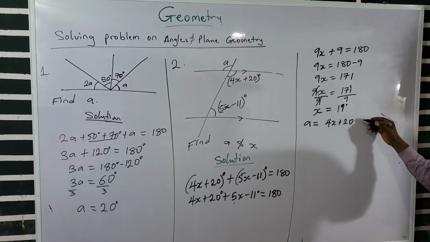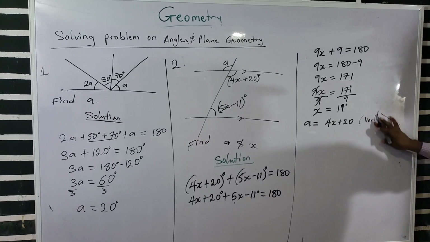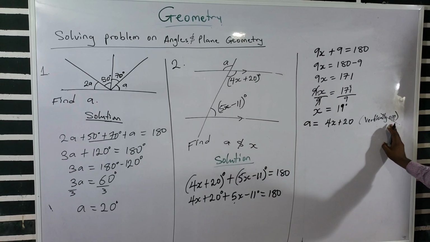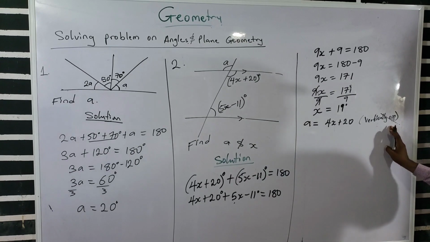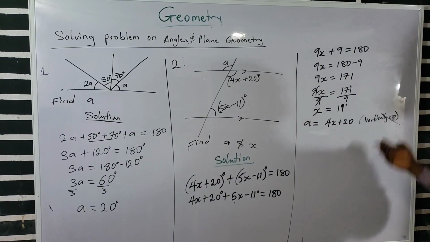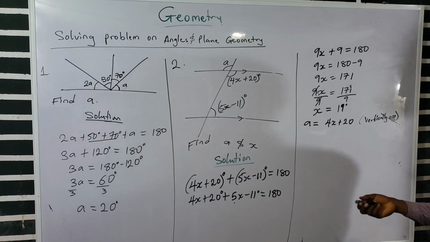So if I want to write this one now, I will just say vertically opposite angles. I don't need to say that they are equal, just to indicate the theorem that I'm using to solve that.